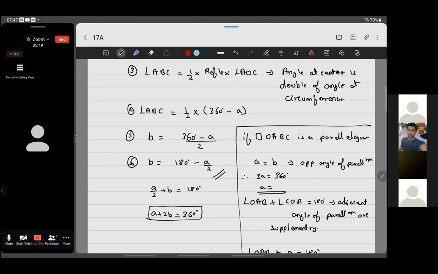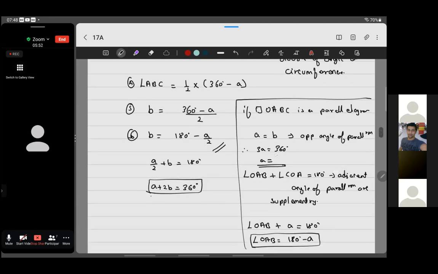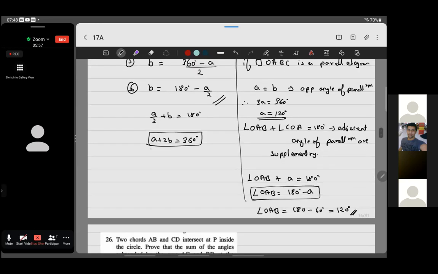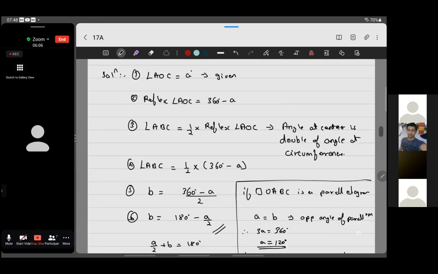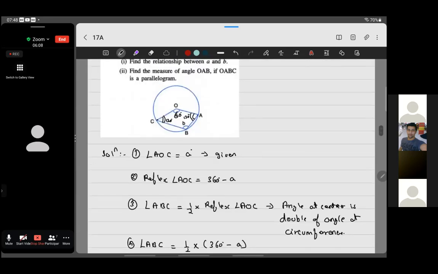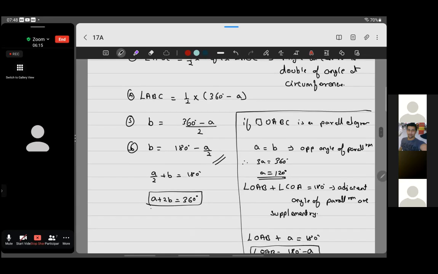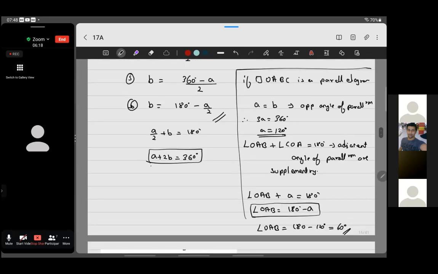A का वैल्यू हो जाएगा 120 डिग्री और A का वैल्यू 120 हो गया तो 180 माइनस 120 कितना हो जाएगा? 60 डिग्री. ठीक है, क्लियर नाउ?